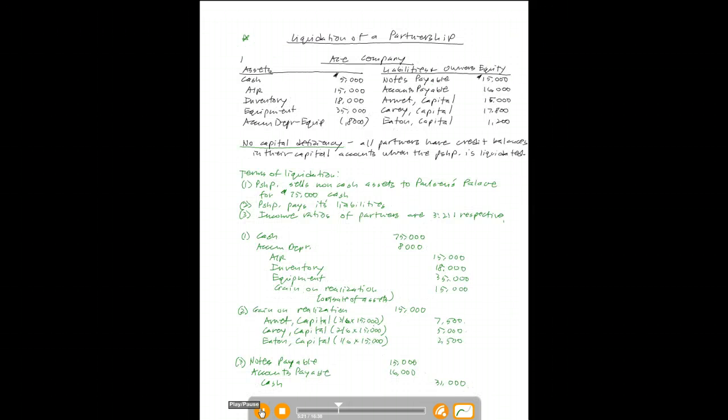Now, Arnett's capital, the beginning balance was 15,000, and then we credited it for 7,500. So that gives Arnett a capital balance of 22,500. Carey, the beginning capital was 17,800. We credited it 5,000 in journal entry number 2.